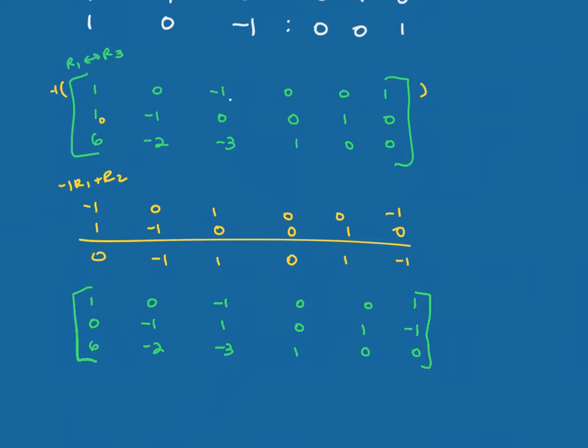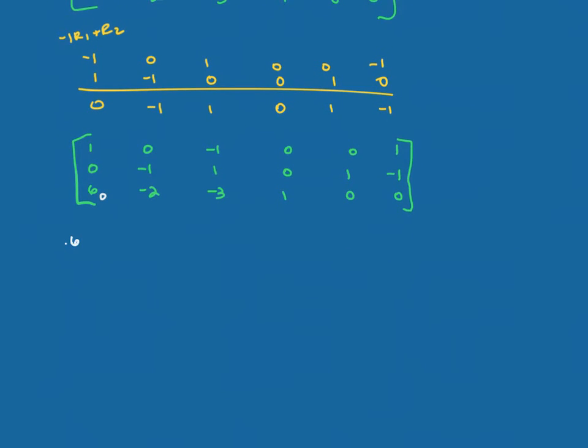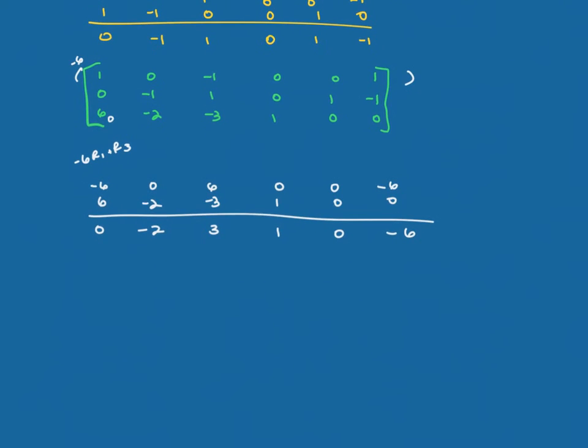Now I want a 0 where that 6 is. How do I do that? Negative 6, row 1 plus row 3. And that replaces row 3.